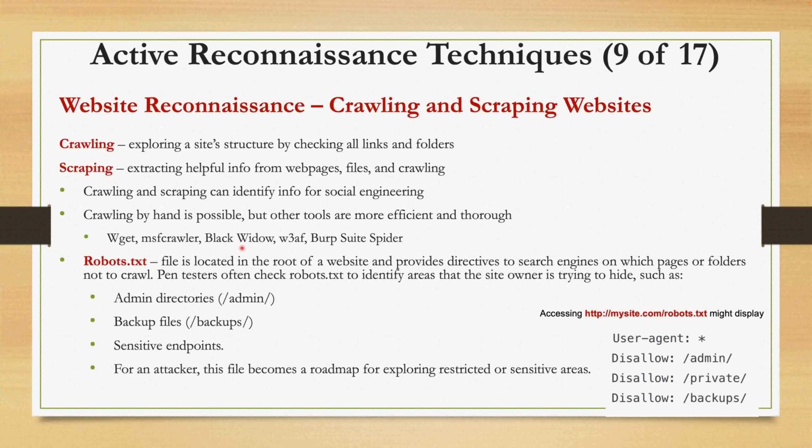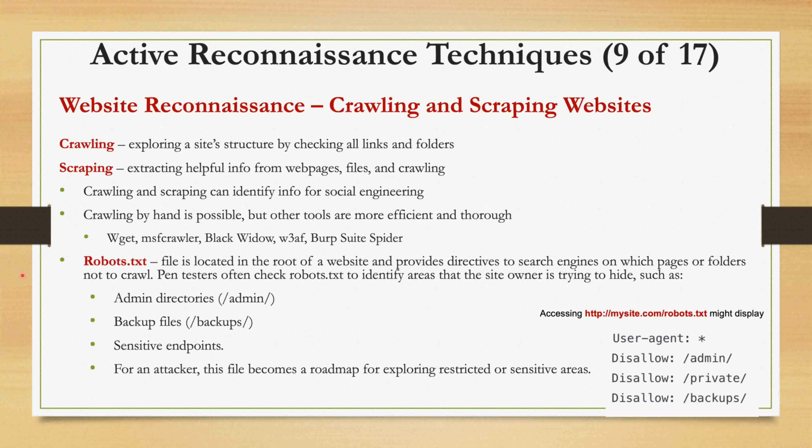Black Widow is a very advanced web crawler that can capture site content, and also this tool, W3AF. This is another well-known web application attack and audit framework, and of course, Burp Suite's Spider is another well-known one.